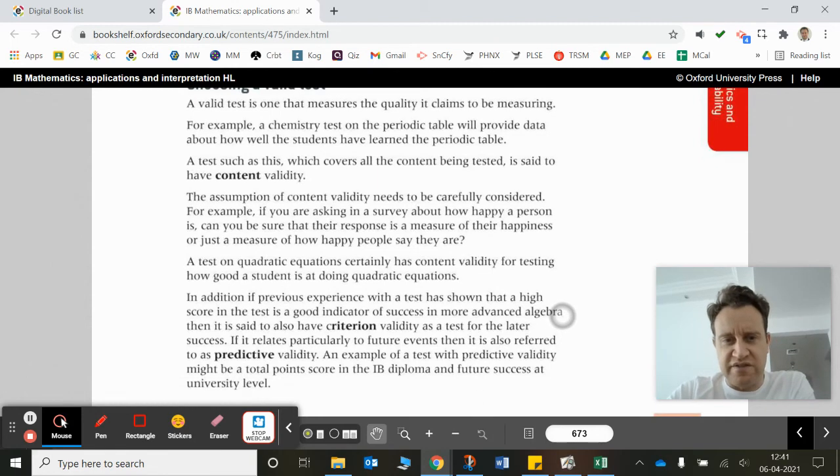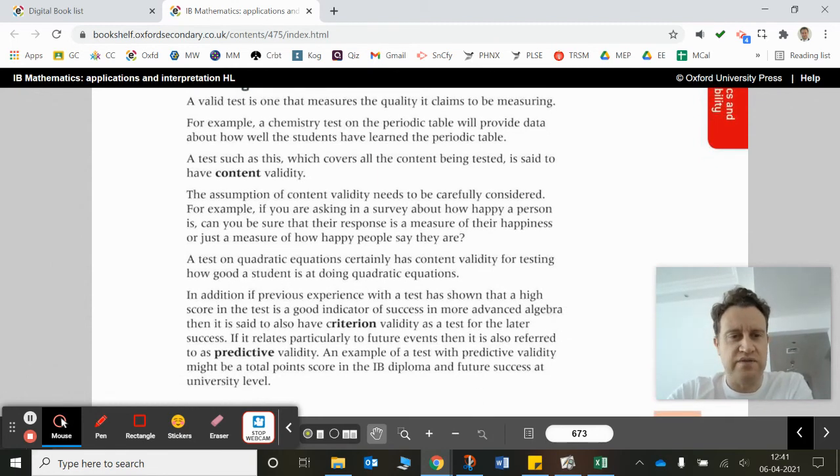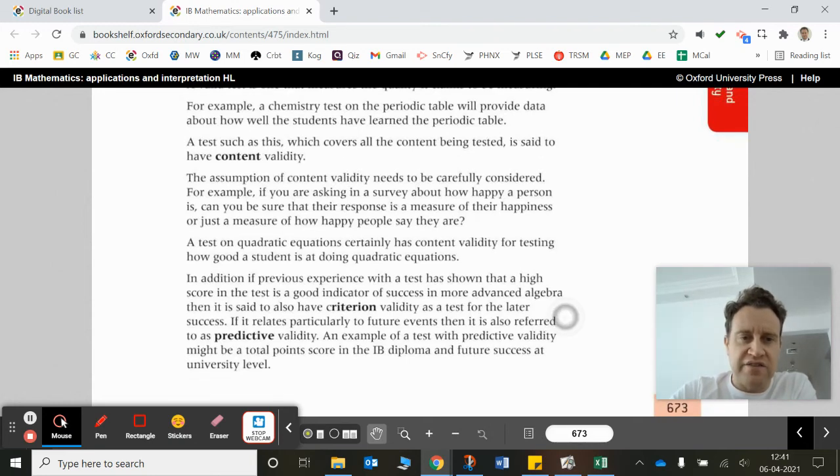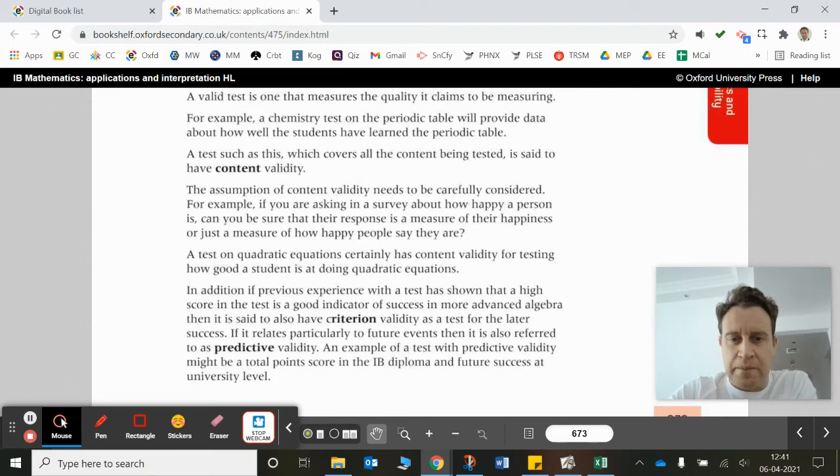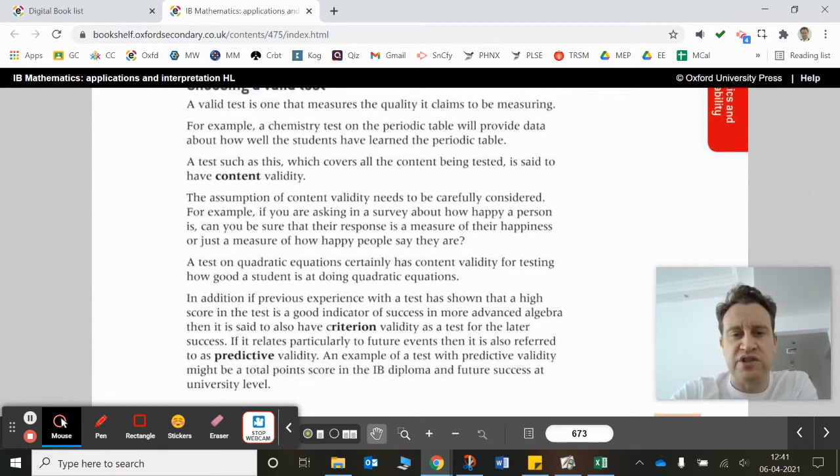Now, predictive validity, I'm going to skip criterion validity here. So predictive validity says, an example of a test with predictive validity might be a total point score in the IB and future success at university level.